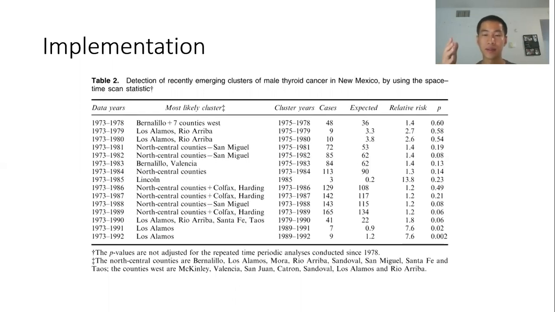Here, he listed those most significant clusters. And as you can see, the p-values for most of them are too large to be significant, until you reach the end of the table and you see Los Alamos County.